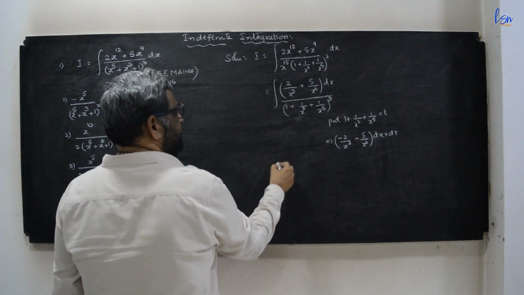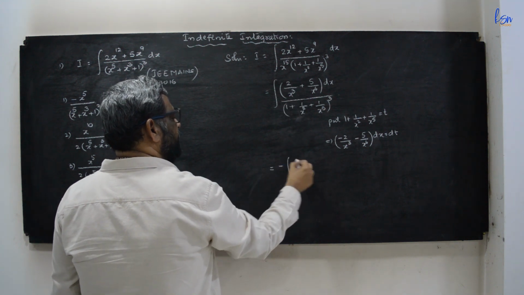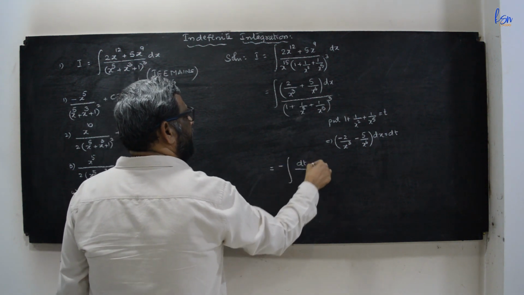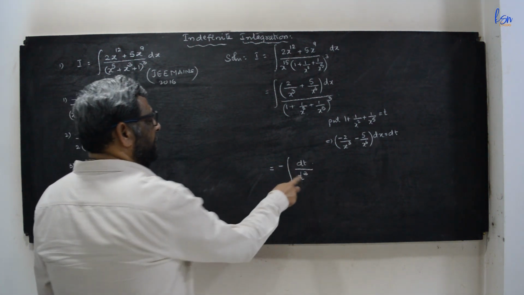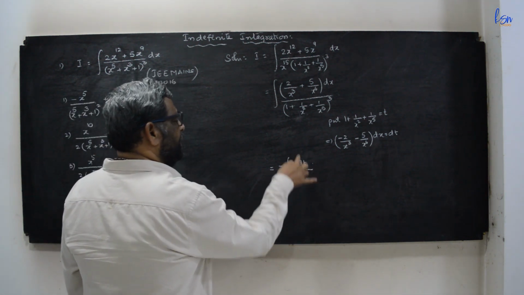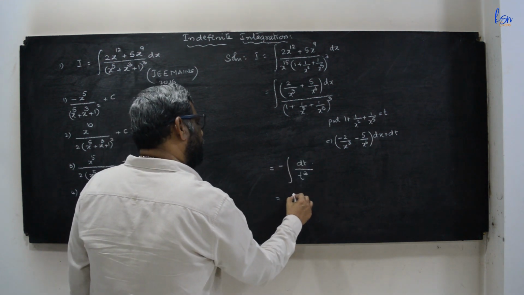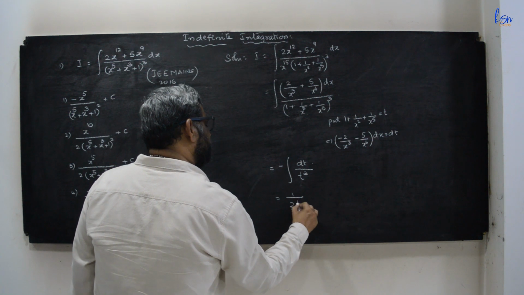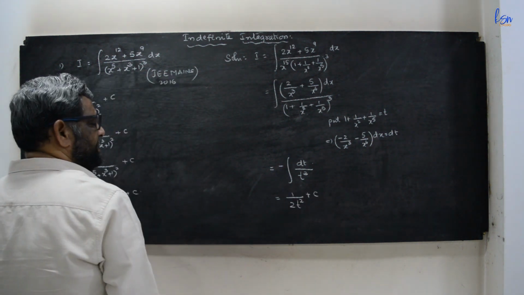By taking minus common, this will become minus dt. So minus dt by t cube, which is t to the power of minus 3. The integral of t^-3 is t^-2 / -2. So 1/2 into 1/t^2 plus c.